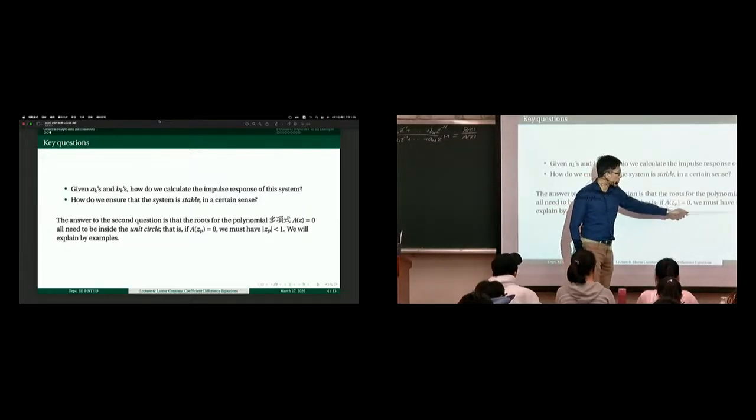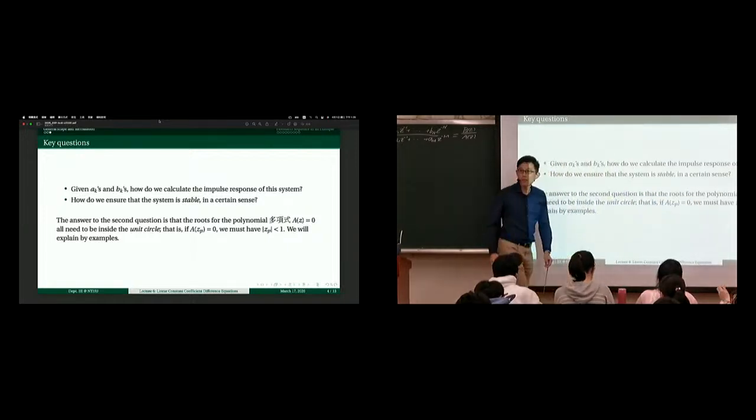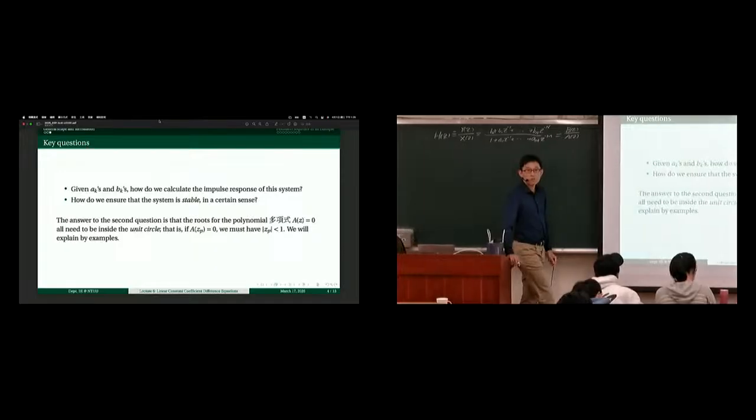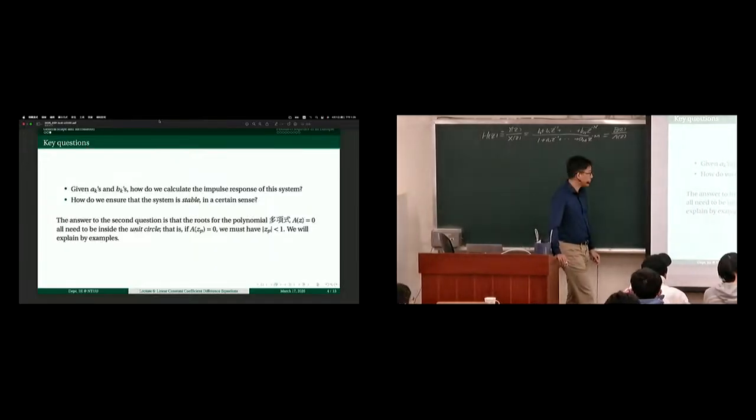The absolute value should be within a distance of 1 from the origin on the complex plane. That will guarantee stability, right? The reason will be clearer in the next couple of minutes. Any questions so far?